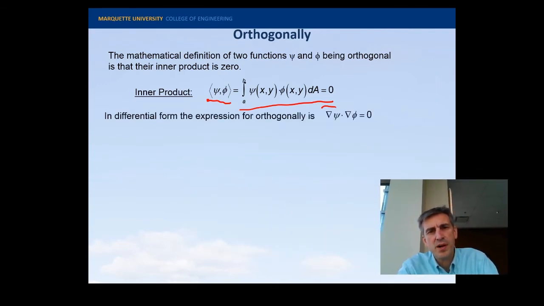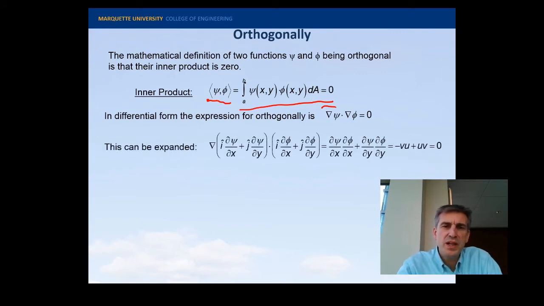We could write the inner product not as an integral, but in a differential form. So the gradient of the stream function dotted with the gradient of the potential function, if that's 0, then those two functions are orthogonal.